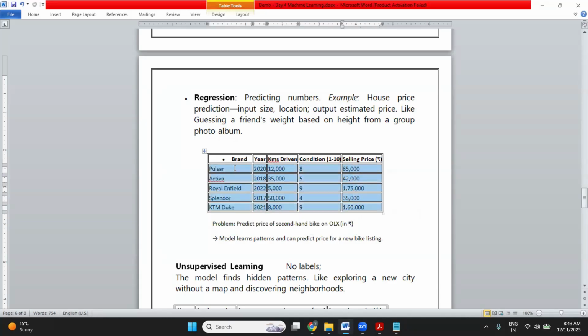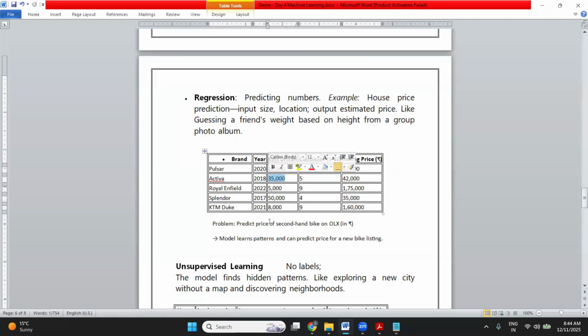data. Suppose for example 2020, 2021, are these giving any special meaning in processing of the data? No. At least the number of kilometers could be important, because it will decide the life of the engine, right?